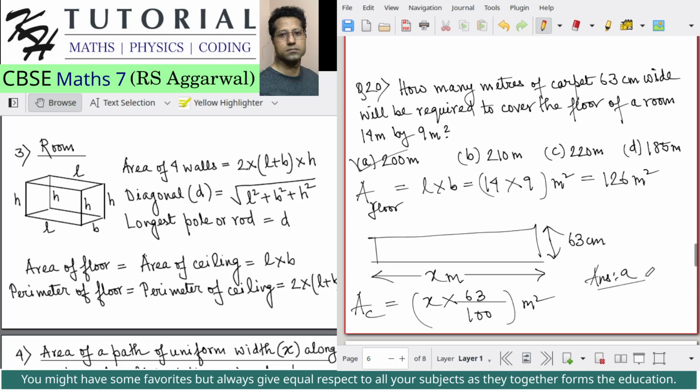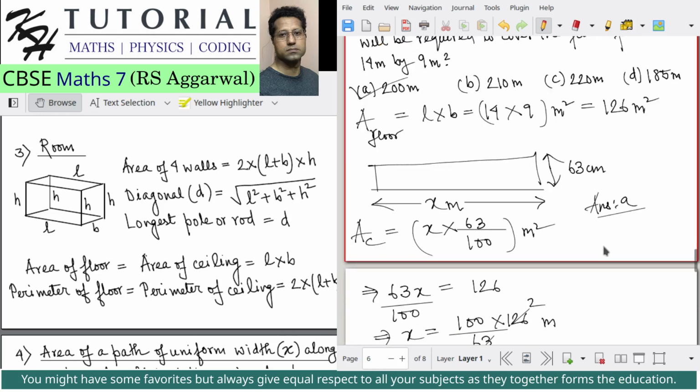So you must be very careful with the units. The unit of the dimensions of the floor of the room was given in meter, and the width of the carpet was given in centimeter. Now, while assuming the length of the carpet that is required, you can consider that to be in centimeter or in meter, and accordingly you should convert the area of the carpet either into meter square or centimeter square.